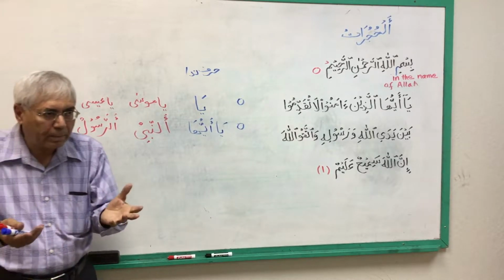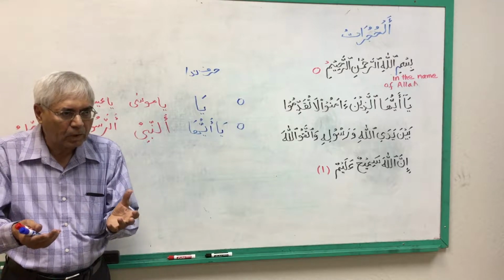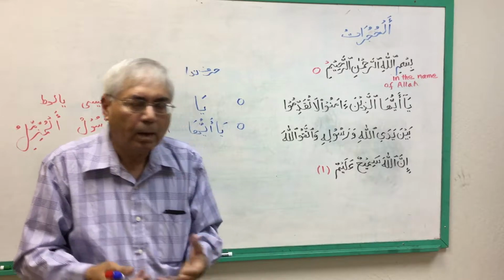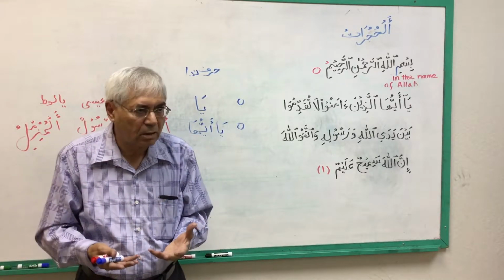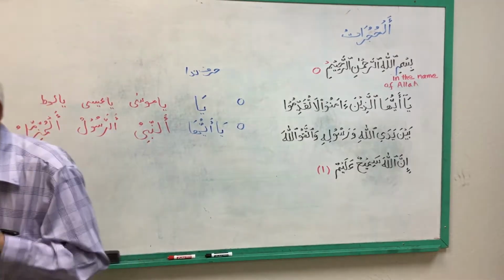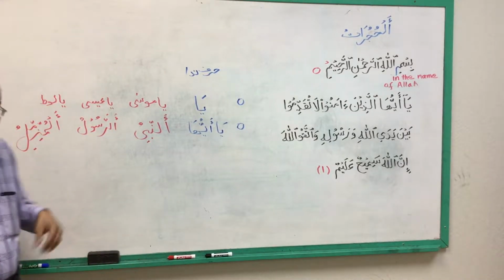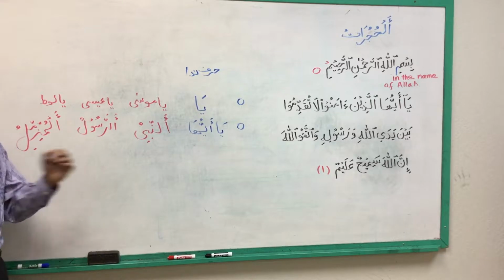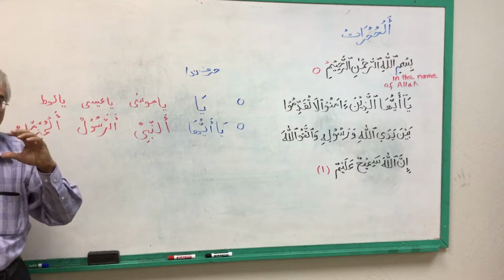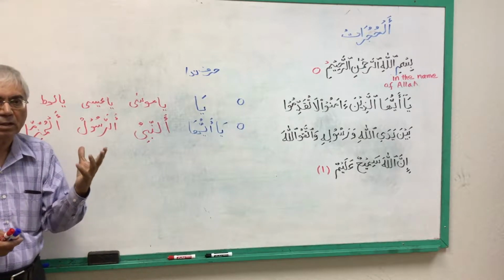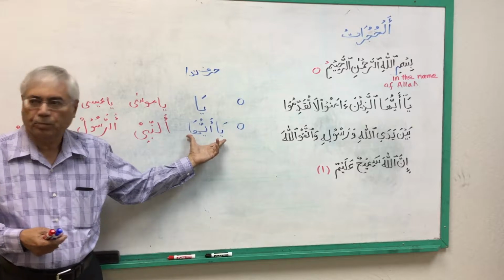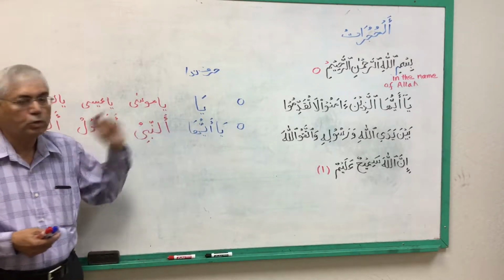You can call the president by his name, but when you call him by his title, you are actually showing more respect. So that is the deeper difference: if you are addressing someone by his title, his qualification, you use Ya Ayyuha. Otherwise, you use Ya.